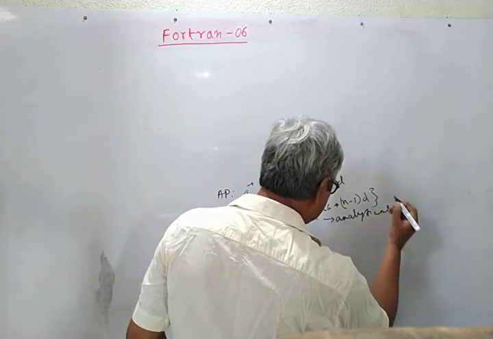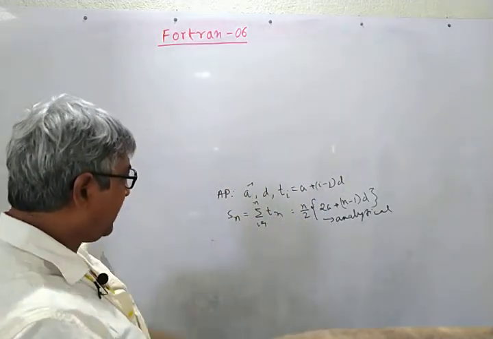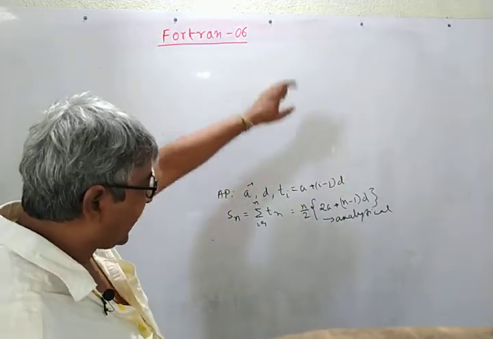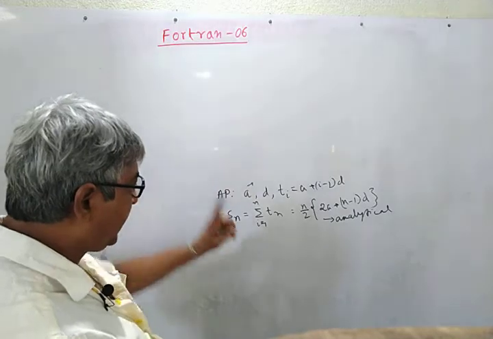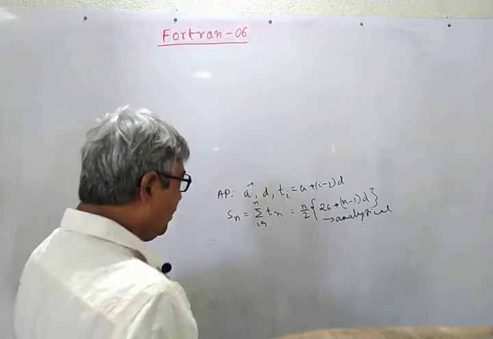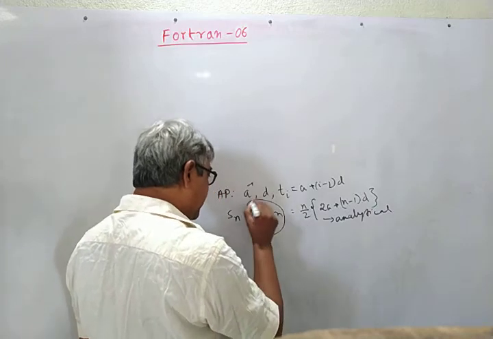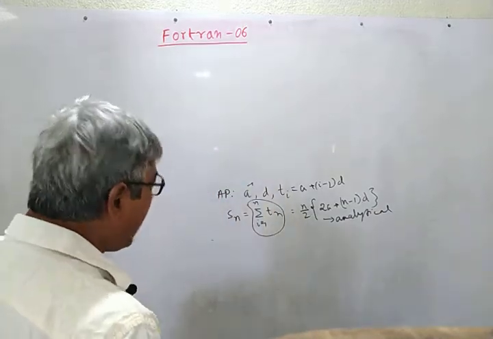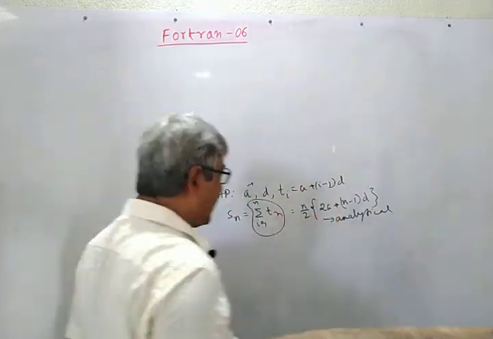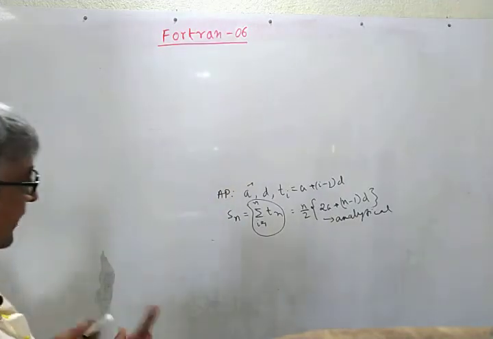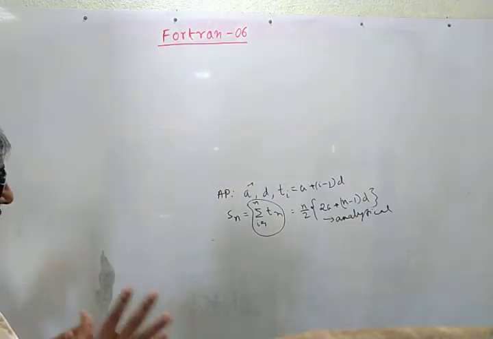This is the analytical result which can be obtained if one supplies a, d and the number of terms. But here I am trying to exploit this relation, that is, I want to calculate the sum term by term, and then I will compare it with the analytical value, and the entire calculation is being done in real mode.